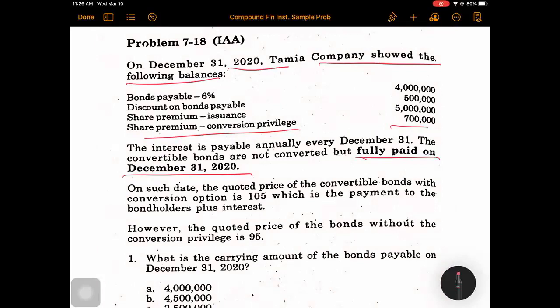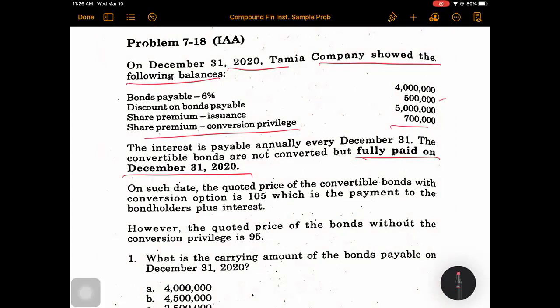So, kung tanaw ninyo, assumption sa problem is dili pa at date of maturity. Okay, wala pa at date of maturity because, di ba, naay balance sa discount. Because pag naa kay maturity date, zero na ang balance because fully amortized na imong discount or premium.